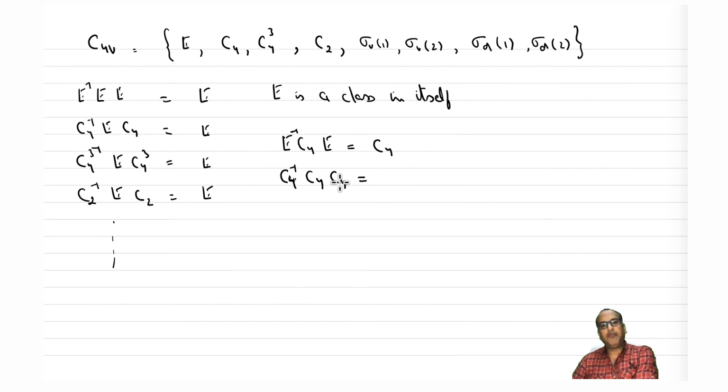C4 into C4 will give me C4 square, and then C4 inverse, so shall we do that, or we should either get C4 or C4 cube. I'm leaving it as a home exercise for you to do because there is not much time now.